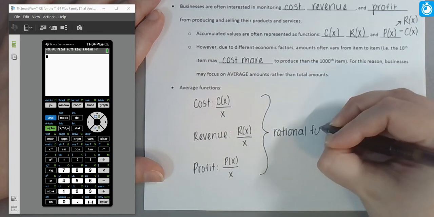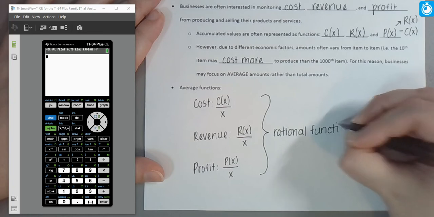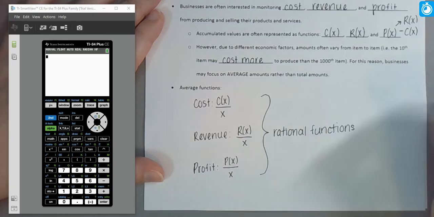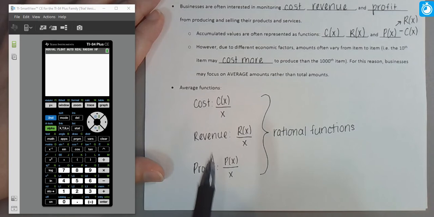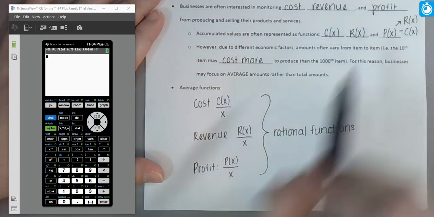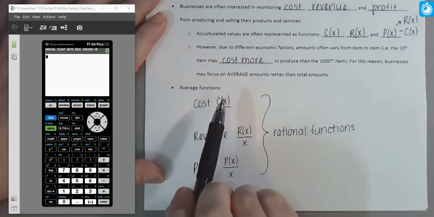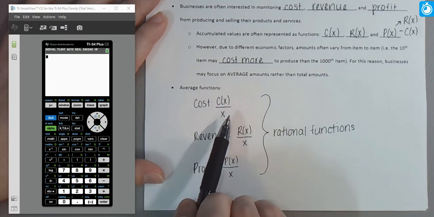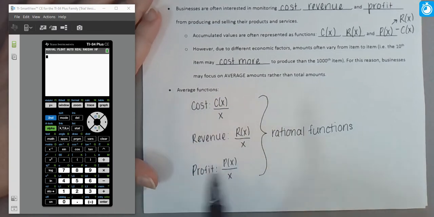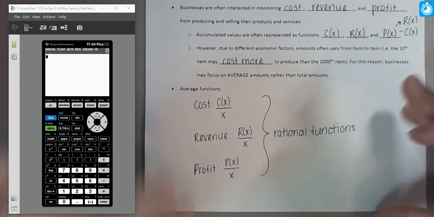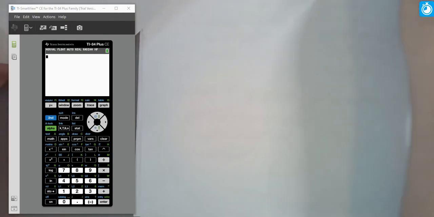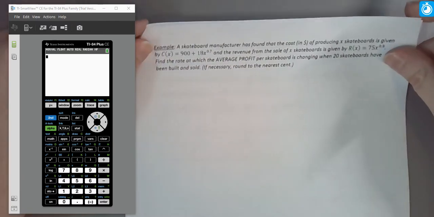What was previously a function that maybe didn't involve a product or a quotient, now by default, just based on the structure of each of these 3 average functions, we've taken a function and divided it by another algebraic expression, essentially creating something where if we wanted to differentiate it, we would have to differentiate it using the quotient rule, using the fact that there is a numerator and there is a denominator. So what might it look like in terms of an application where we want to take the derivative of one of these functions? Let's look at an example.